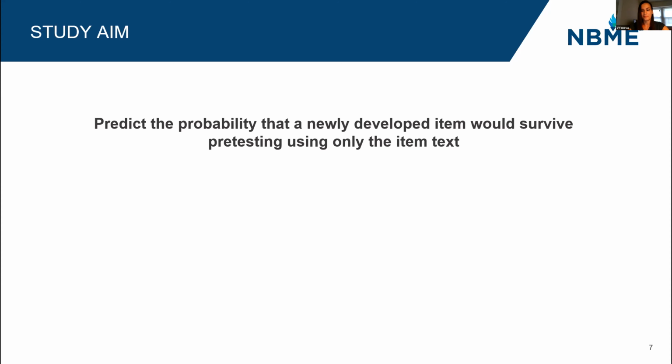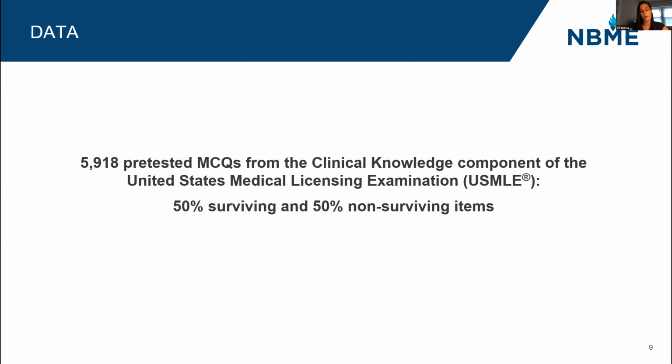The data we use in this study is approximately 6,000 multiple choice pretested items from the United States Medical Licensing Examination. For the purpose of the study, we have balanced the classes of surviving and non-surviving items so that we have an equal number of items in each class.